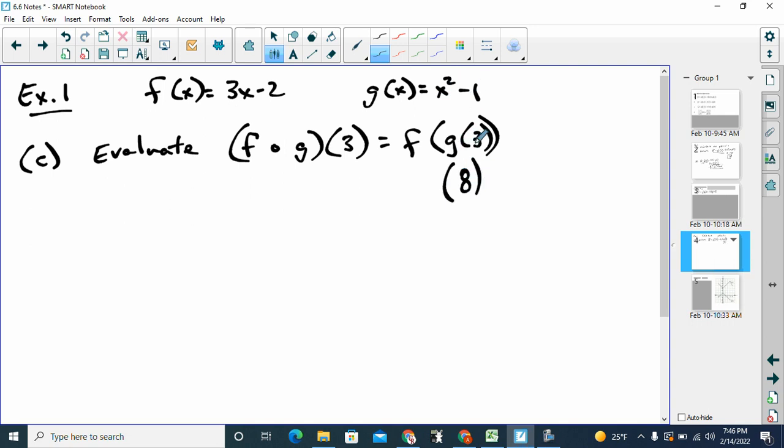So I am replacing g of 3 with what it's equal to. It's equal to 8. Now it asks us to evaluate f of 8. f of 8 means go to f of x, plug in 8 for your x. 24 minus 2 gives us 22.